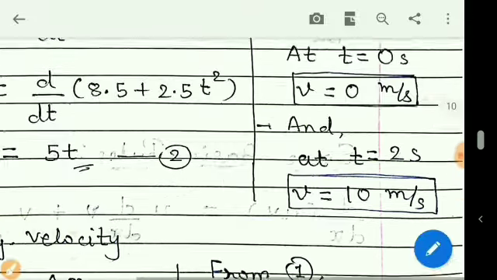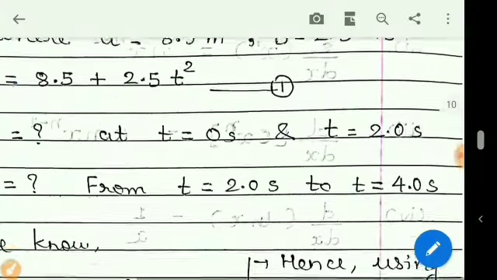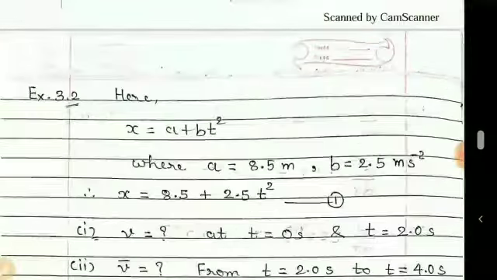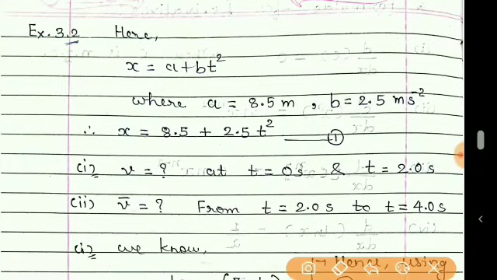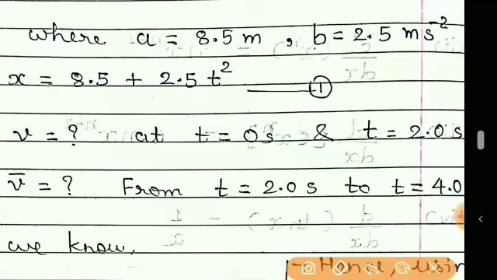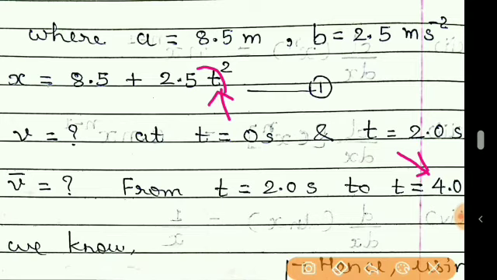Similarly, if we put this time t is equal to 4 seconds here, this time is the final time, which is 4 seconds. So now putting 4 in place of t, 4 squared, 4 fours are 16, so this is 16 into 2.5.